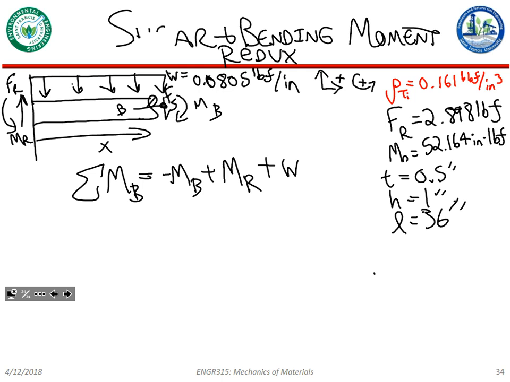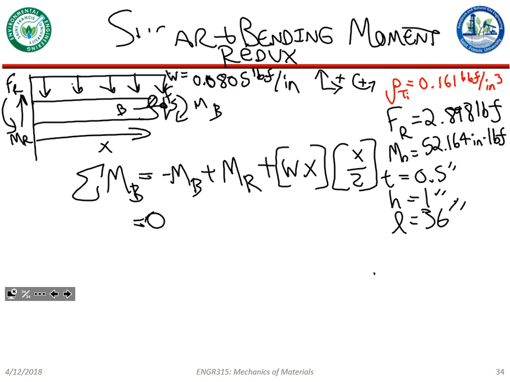So what's the force acting on this length of the beam? Same as in our shear equation. The force is just Wx. Now what's the moment arm? X/2. Right. And that's our bending moment.